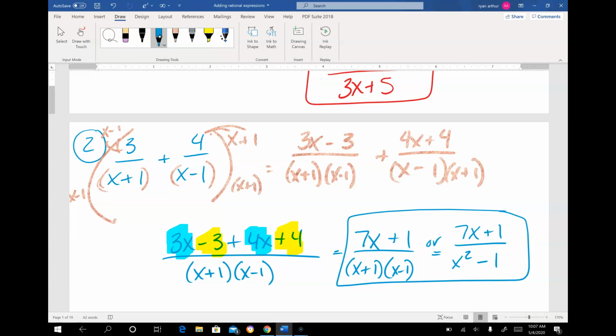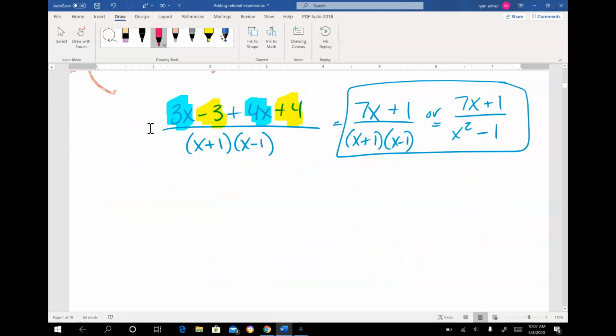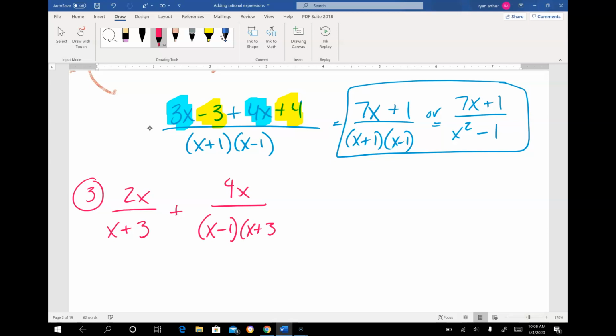All right. So, number 3. Number 3 is going to be 2x over x plus 3 plus 4x over x minus 1, x plus 3.